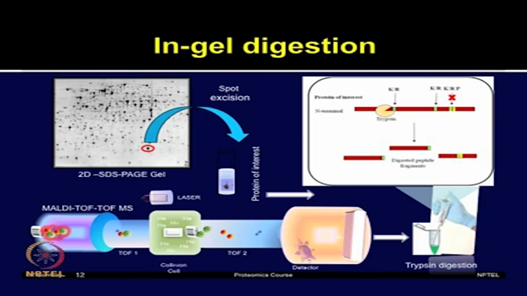In-gel digestion is a multi-step procedure which includes spot selection, spot excision, removal of the stain, reduction, alkylation, proteolytic cleavage as well as peptide extraction. So, there are multiple steps involved, and how good your in-gel digestion is will ensure the success of the spectrum generated from the mass spec.